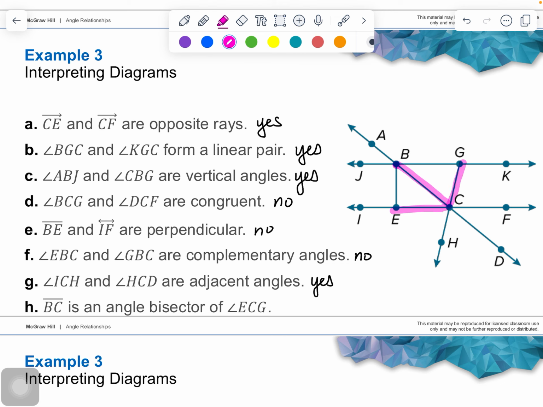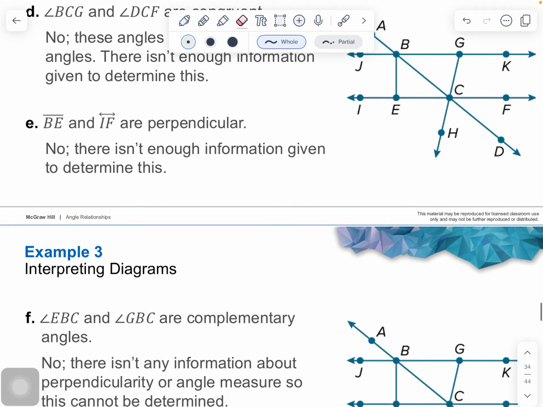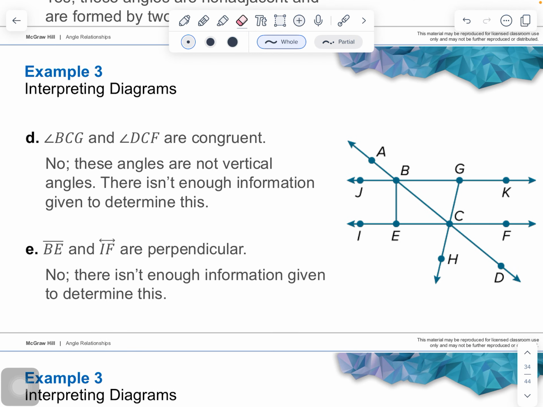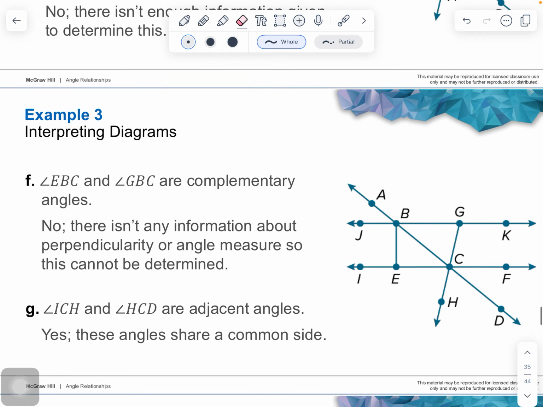It does appear to, but we don't know. Okay? Whenever we're making a guess, that's an assumption. All right, not enough information. Whenever we say not enough information given, that's an assumption. All right.